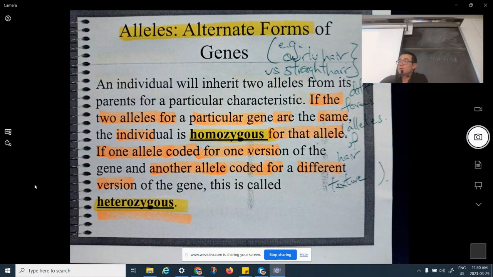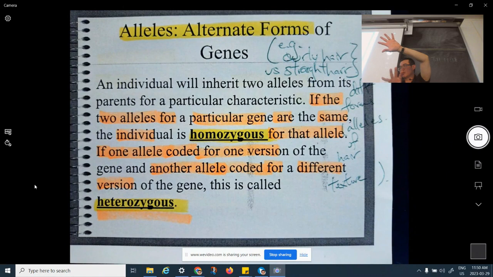Does this term alleles relate only to the heterozygous, or does it have to do with both? It does with both. Alleles are the different forms of the gene. So for pea flower colors, there is a gene that codes for the color of the flower, and you have the version of purple or white, two forms of the same gene.